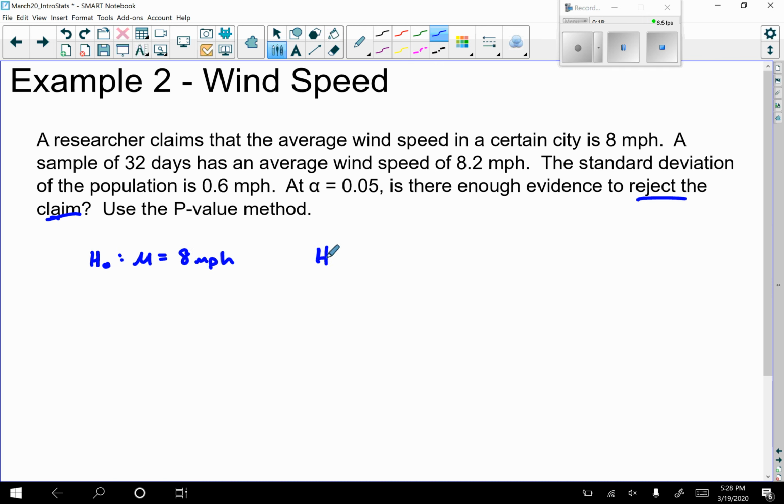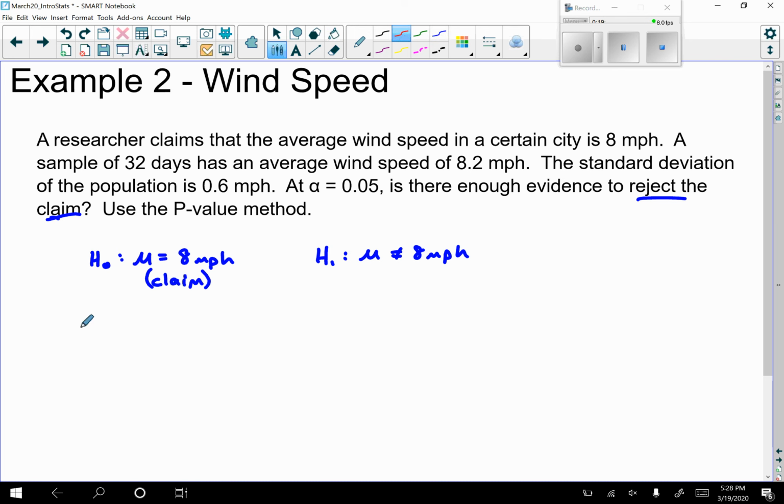Then the alternative hypothesis is that mu is not going to equal 8 miles per hour. We have no other statement here giving us direction of less than or greater than. But if the researcher is claiming that it is equal to, we finally have an example where the null hypothesis is our claim. Or vice versa, our claim is our null hypothesis.